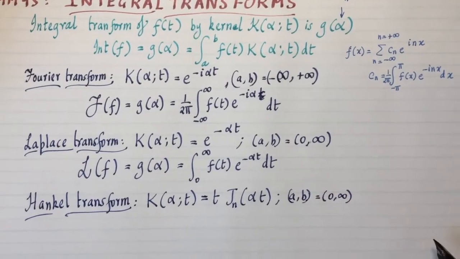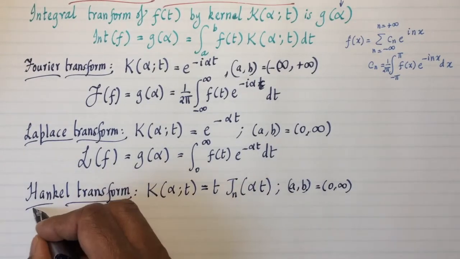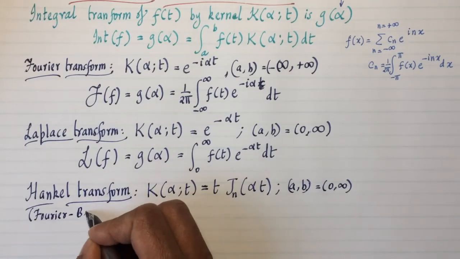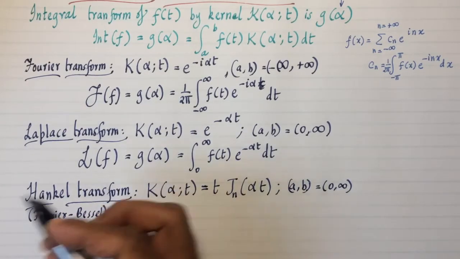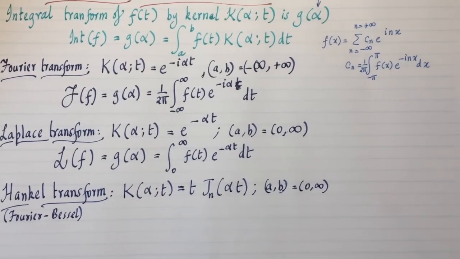Now we will be studying Bessel functions in great detail, and for this reason Hankel transforms are sometimes called the Fourier Bessel transforms. So this video is more like a nomenclature zoology type video.